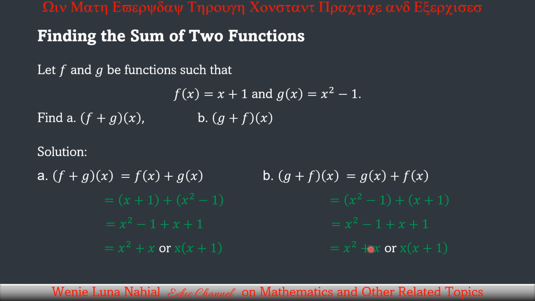And with this, we can say that the sum of two functions, if you interchange the position, is the same. So there is what we call commutativity. Commutativity means that the position of the functions to be added does not affect the sum.